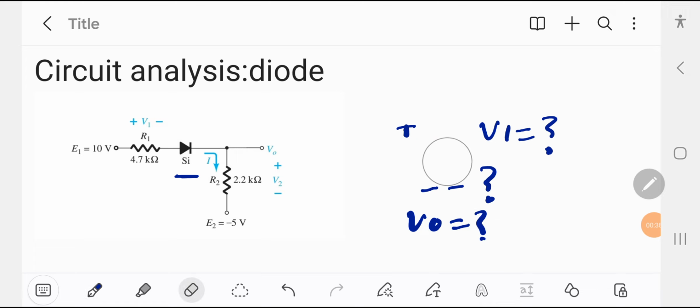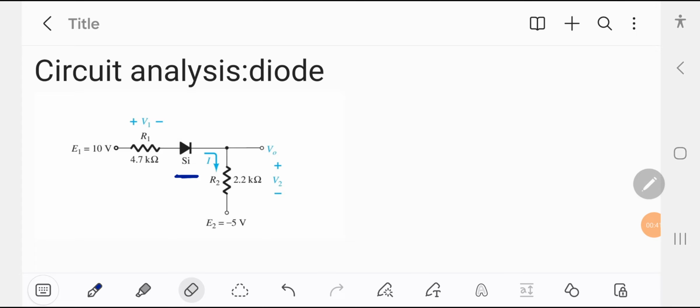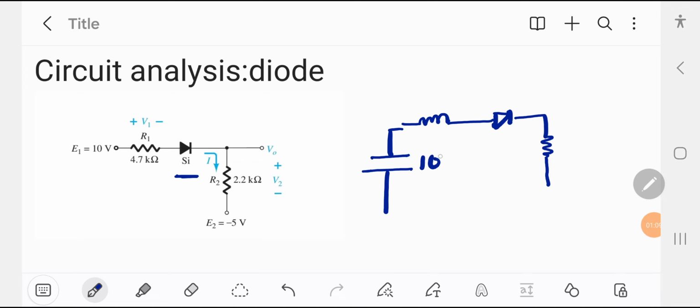This circuit will look like this. Here is a plus 10 volt voltage E1, which is connected to the ground.